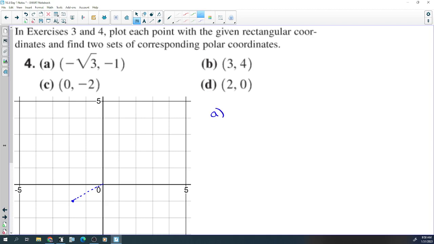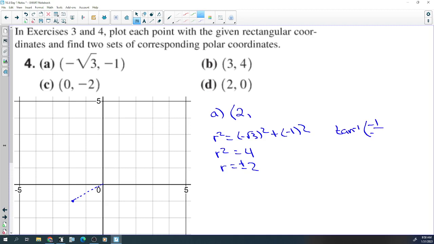So letter A, we have, if I square the square root, 3 plus 1 is 4. Let's do this. R squared is equal to negative square root of 3 squared plus -1 squared. So R squared is equal to 4. So R is equal to plus or minus 2, depending on what angle you're going to pick. So if I say I'll pick the positive, then we want inverse tangent of -1 over negative square root of 3.